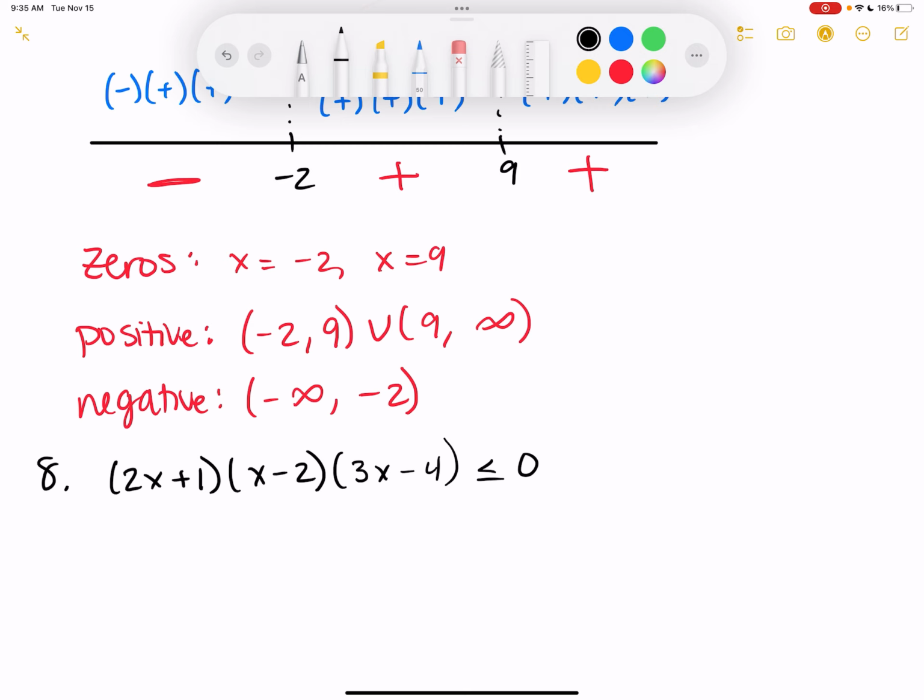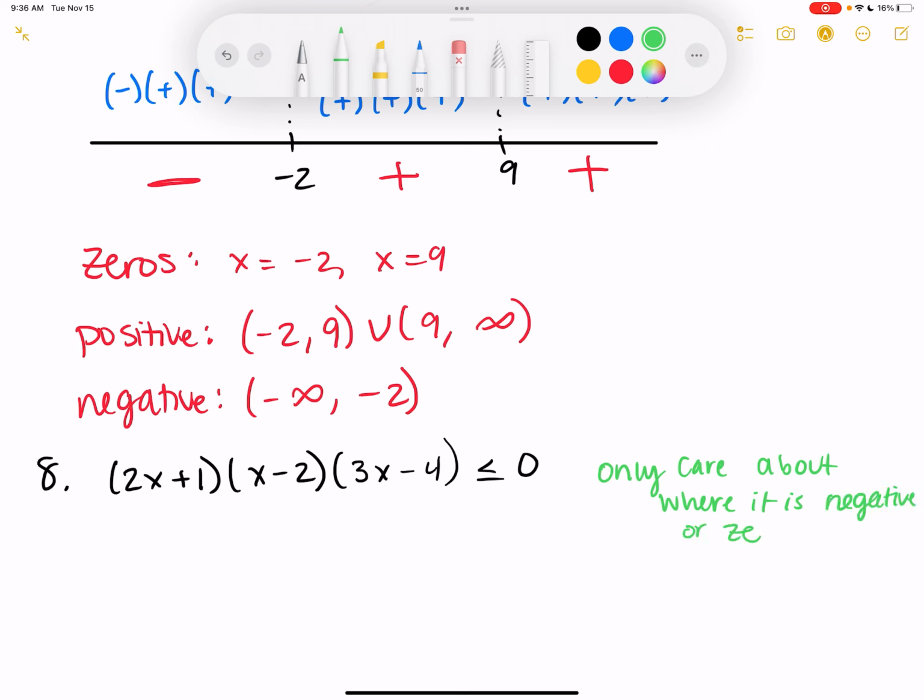Now, what's different about this problem compared to the other ones? It's an inequality. It says less than or equal to 0. So what does that mean? What values am I looking for? Negative. Or 0. So I only care about where it is negative or 0.